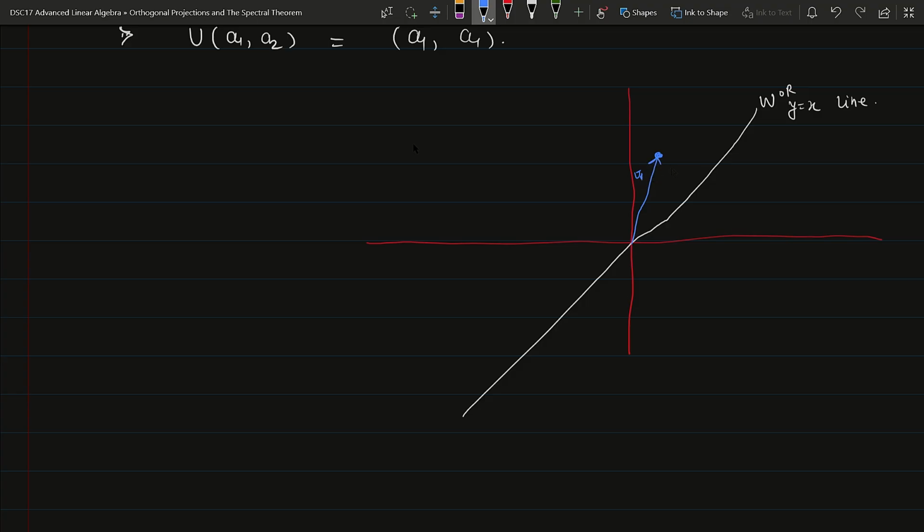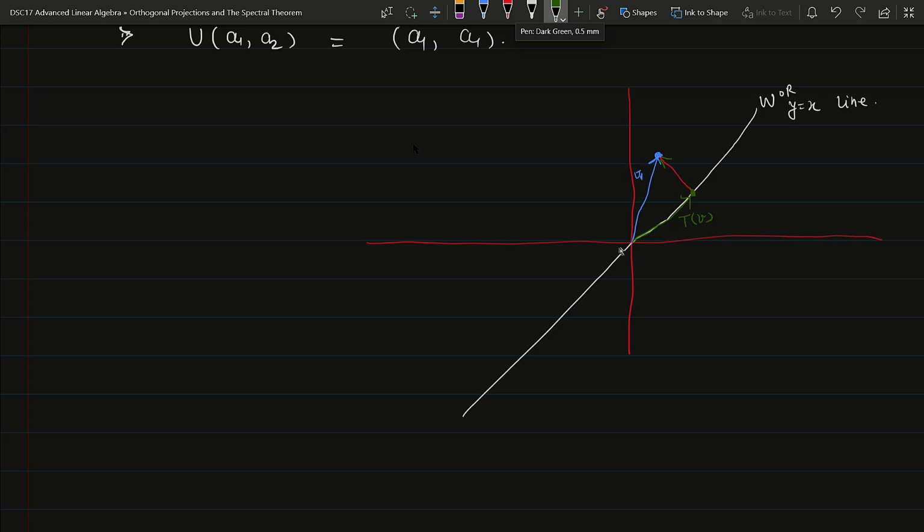Now what is T? If you take the perpendicular from this to this line, so we have this perpendicular here. Now whatever the perpendicular here, just identify the foot of this perpendicular. So let me call this the foot. This is the foot of the perpendicular, and now this vector is our T of V. This is also some vector.